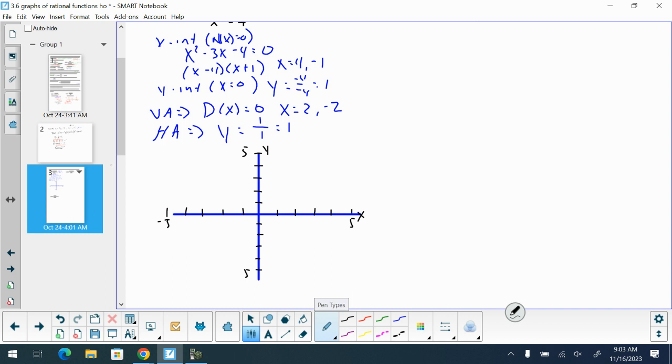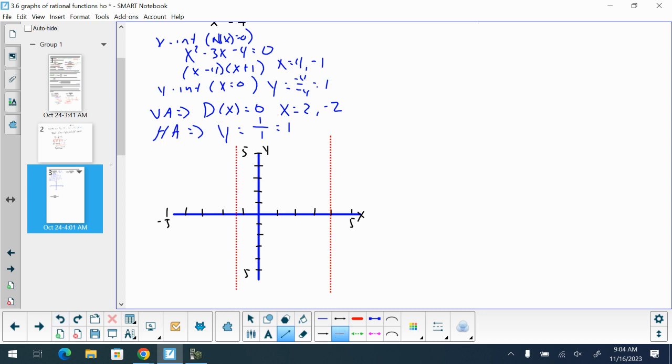Asymptotes are dashed lines. We have vertical asymptotes at the value of 4 and at the value of negative 1. I usually get my asymptotes in first. We have a horizontal asymptote of y equals 1.